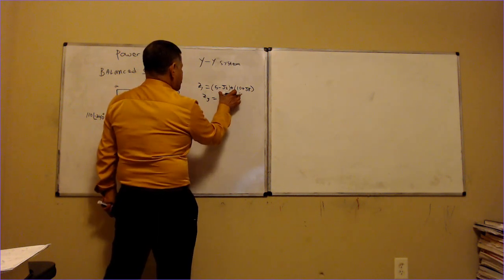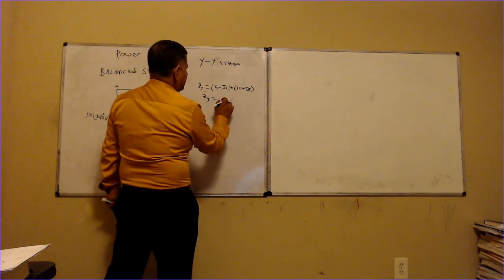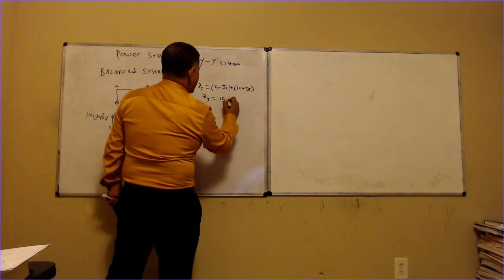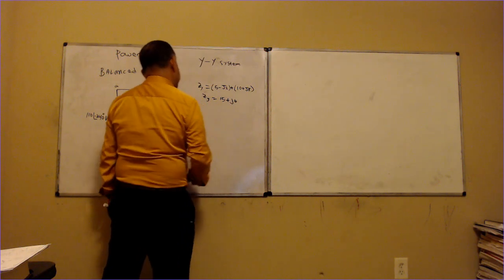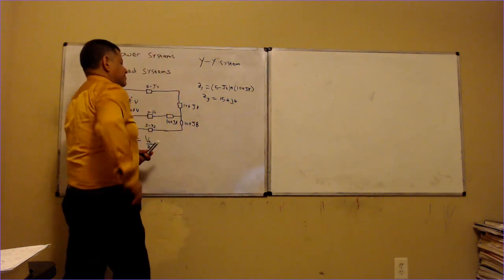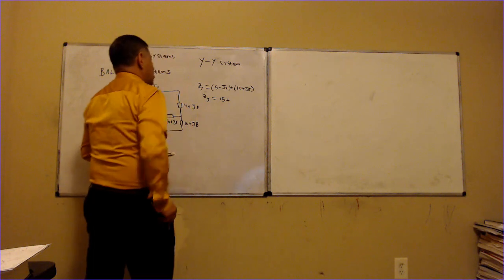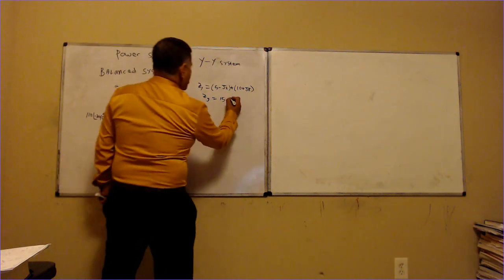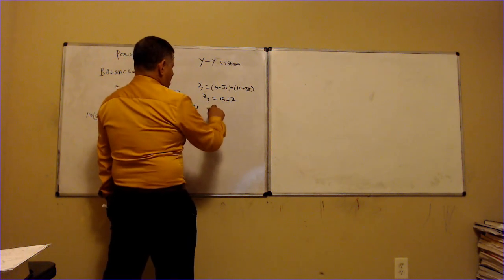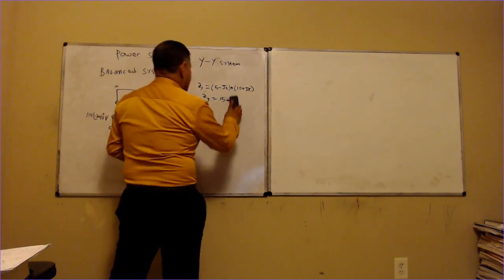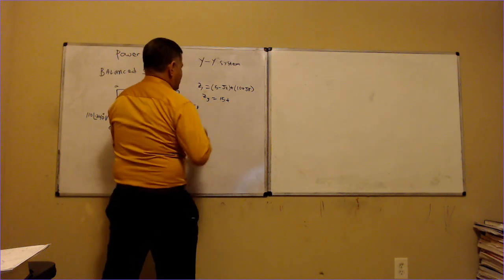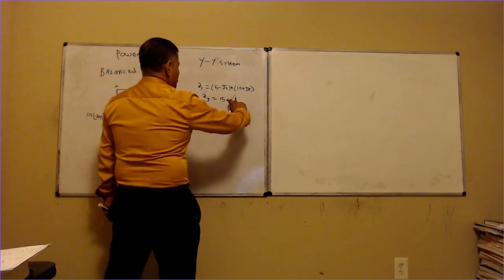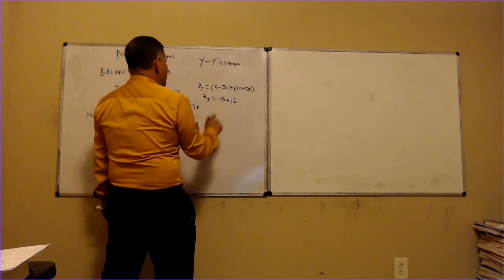So ZY is going to be equal to those, right? So that's going to be 5 plus 10, it's going to be 15, and this is going to be plus J6. So ZY is 15 plus J6, right?